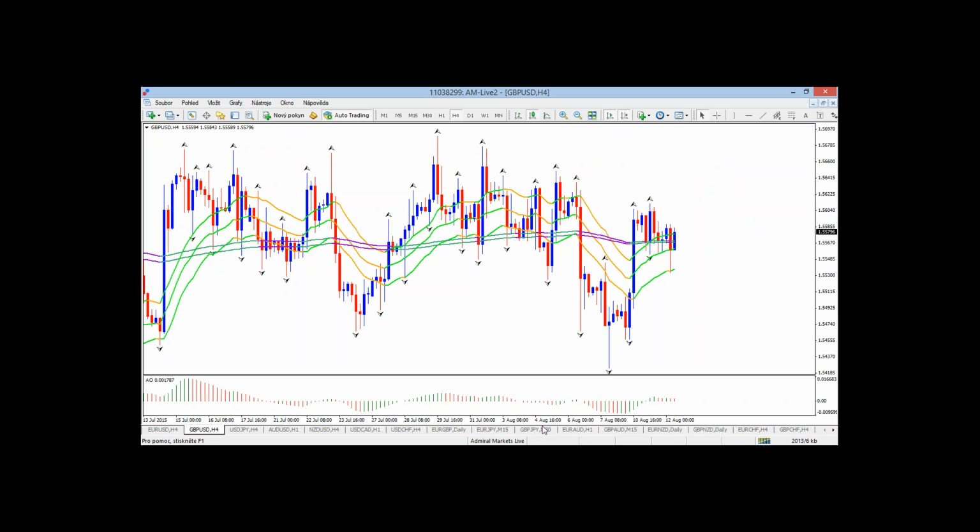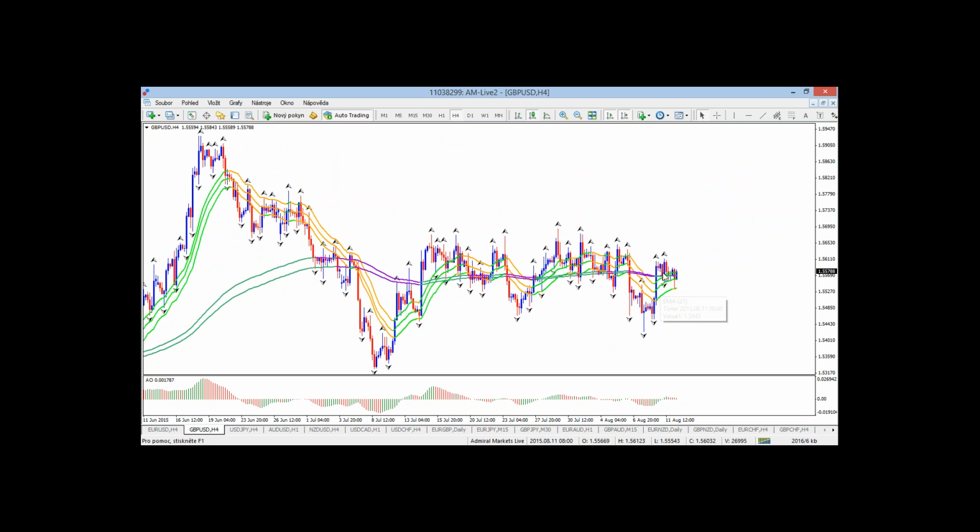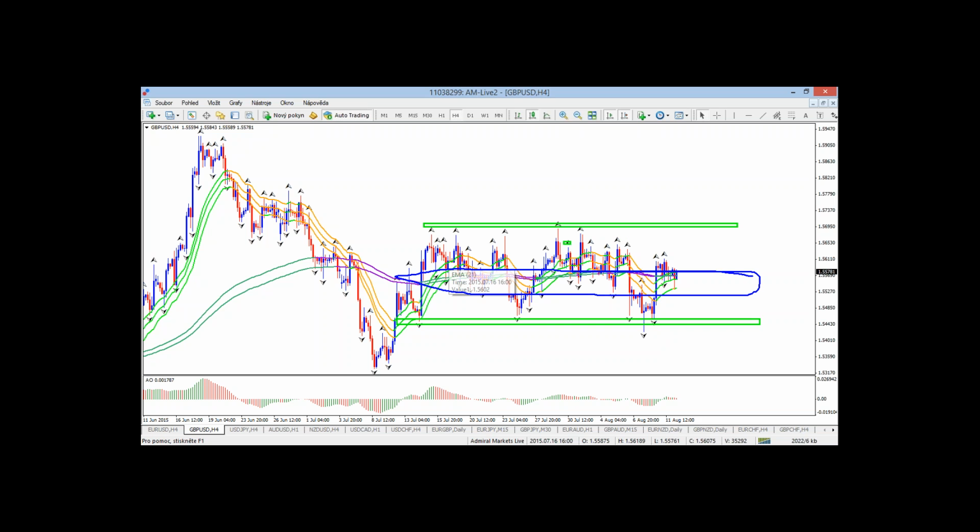Looking at the moving averages, you see why as well, because look what kind of price action is happening right here. Price is trying to move away from the long-term average, but can't. Every time it moves away from the average, it goes back to the average. The green boxes are kind of the maximum levels it reaches, and you can see there's about an average in the middle there.